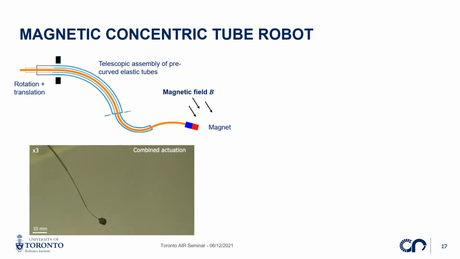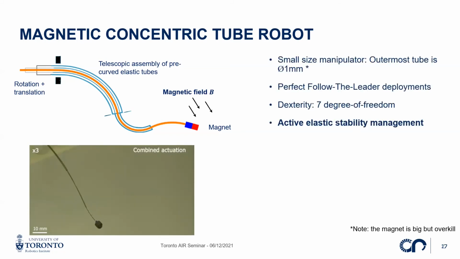And so we did this. We combined these two robots to obtain their different properties. So having a small size manipulator with an outermost tube of 1 millimeter diameter, which can be used to perform this perfect follow-the-leader deployment while being dexterous.